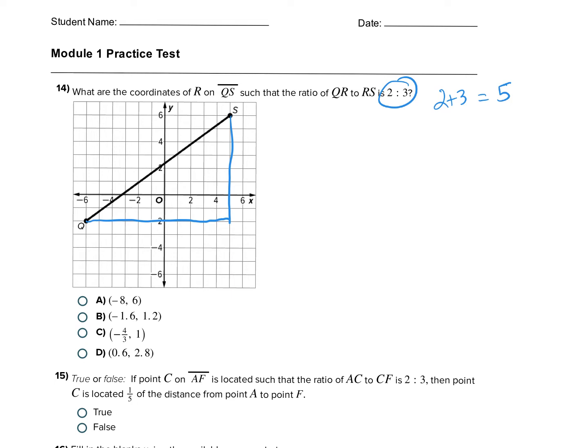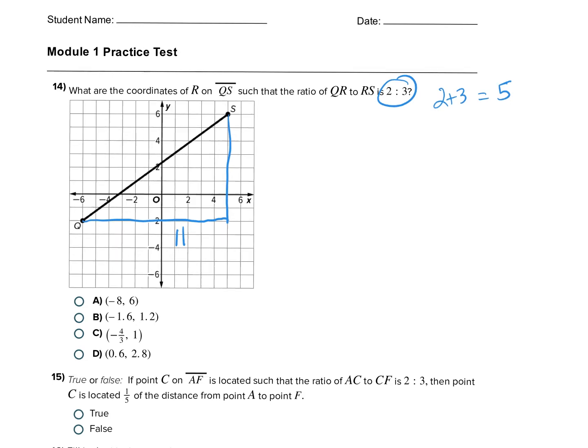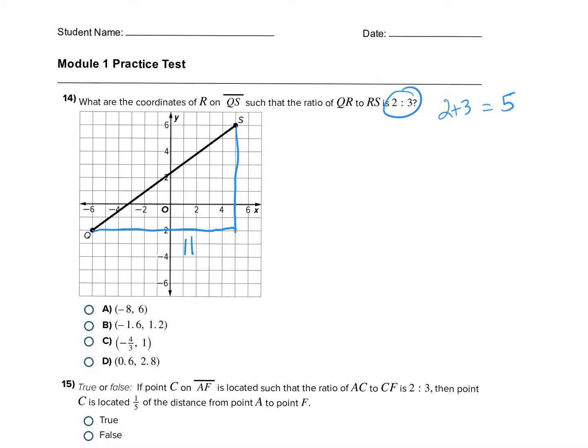Now, along the x-axis, I go from -6 to +5. So that is 11 units. And along the y-axis, I go from -2 to +6. So that is 8 units. Okay.